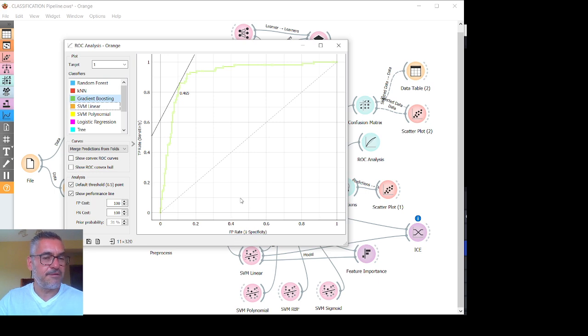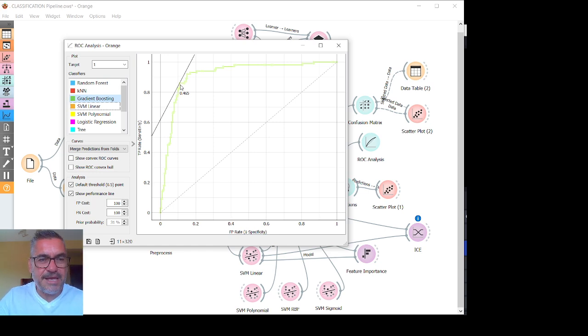The false positive rate is equal to 1 minus specificity, or in other words, we call that a false alarm because it is a false positive. We identify someone as a customer that is not going to pay, but he pays. So this is a false positive, since our positive is the target being 1.